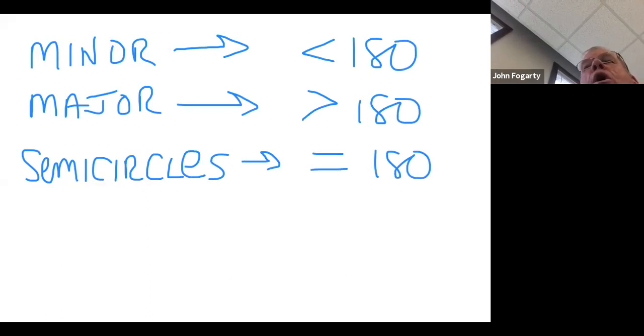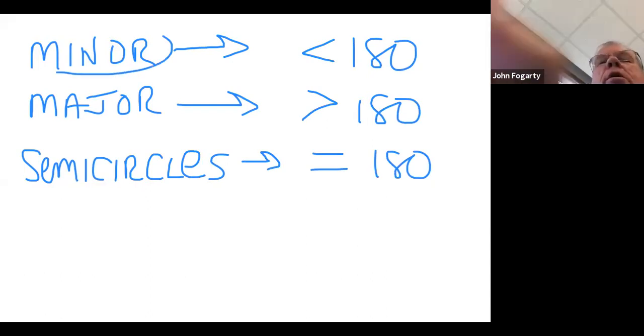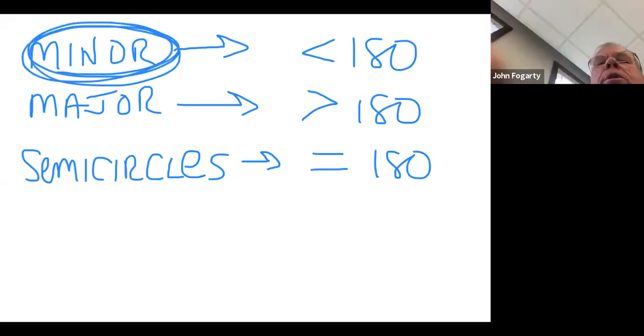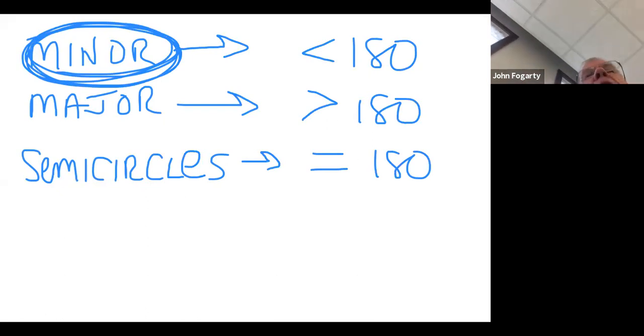And the minor arc is always going to be the same measure as the central angle that it cuts. And if you add up all the central angles of a circle, what do you get? You get 360. Does that make sense? So that's what you're going to work on today, right now.